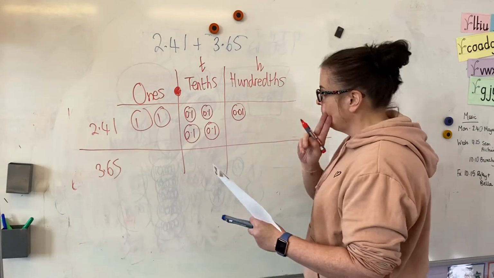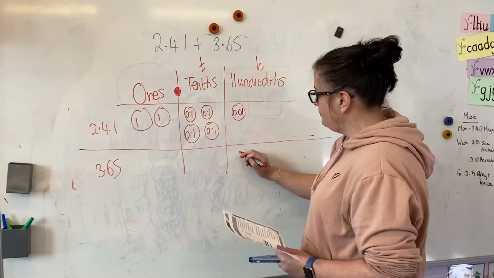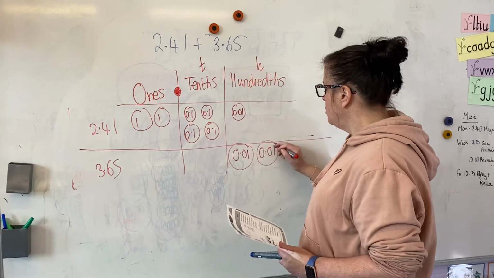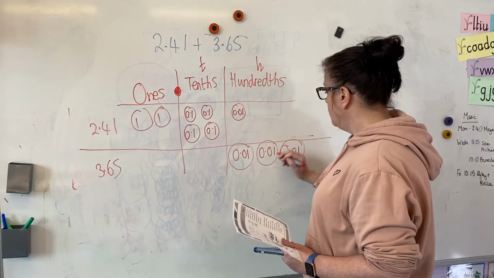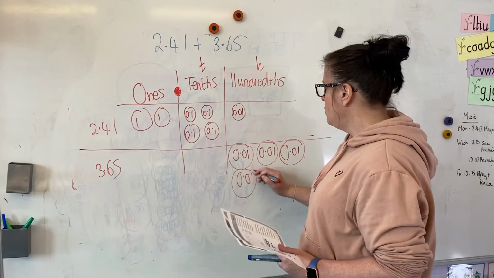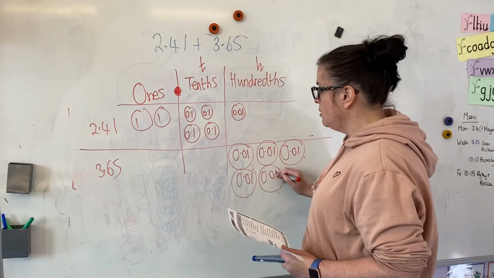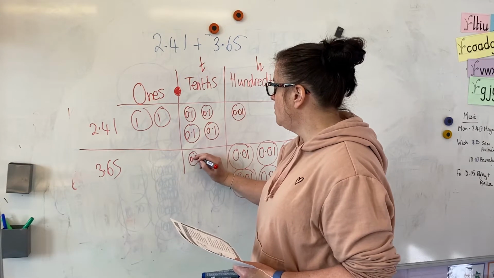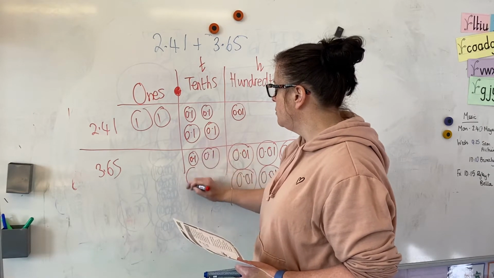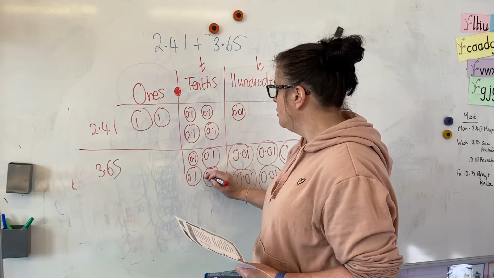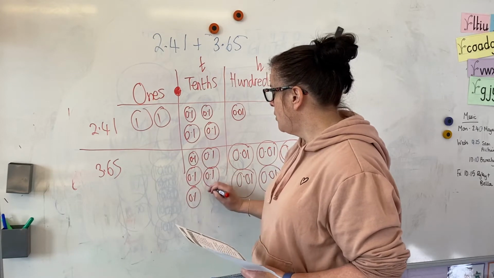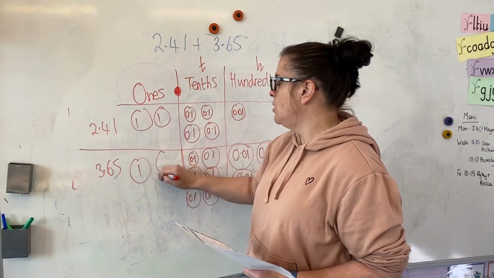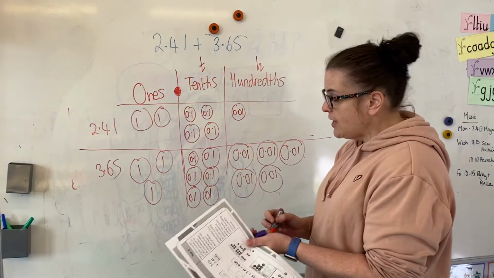We're confident with those. 3.65. 1, 2, 3, 4, 5, 6/10. 1, 2, 3, 4, 5, 6, and then 3 ones. 1, 2, 3. We then start doing our addition.